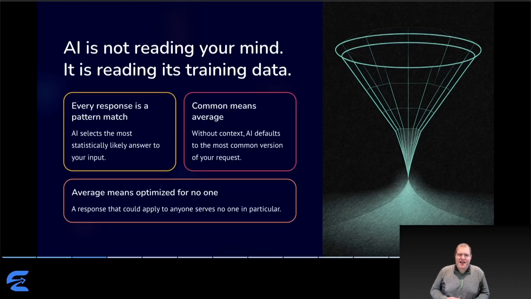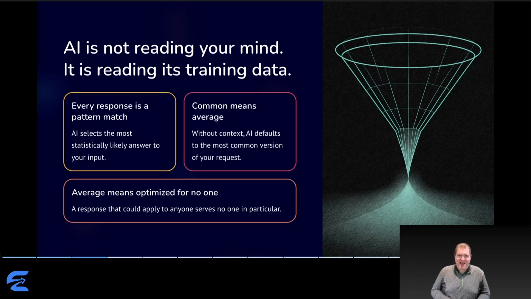To understand why context matters, you need to understand what AI is doing when it responds. Every response is a pattern match. The model looks at your input and selects the most statistically likely continuation based on everything it was trained on. When your prompt is specific and context rich, the pool of matching patterns is narrow. The output is precise because fewer patterns fit.